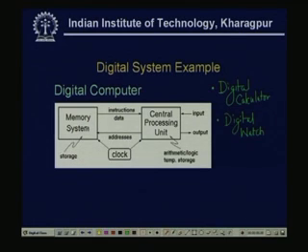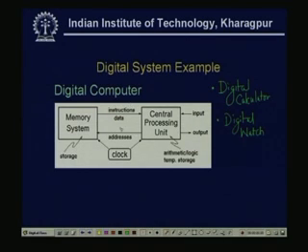From memory, instructions and data are going, and these are digital data. Instructions we can represent digitally, because I gave that example: if it is the English language or English type language, it mainly consists of characters only, and we can always represent that by 0 1 bits.